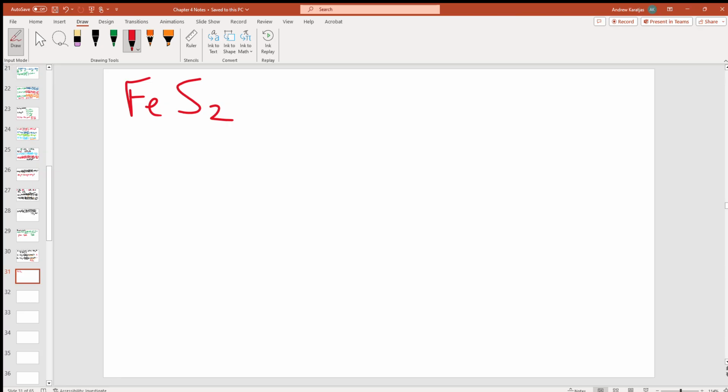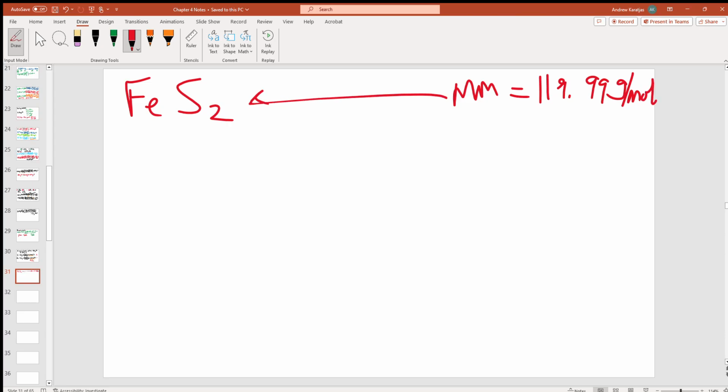Now, if the molar mass was found to be 119.99 grams per mole, then we would know that was also the molecular formula.